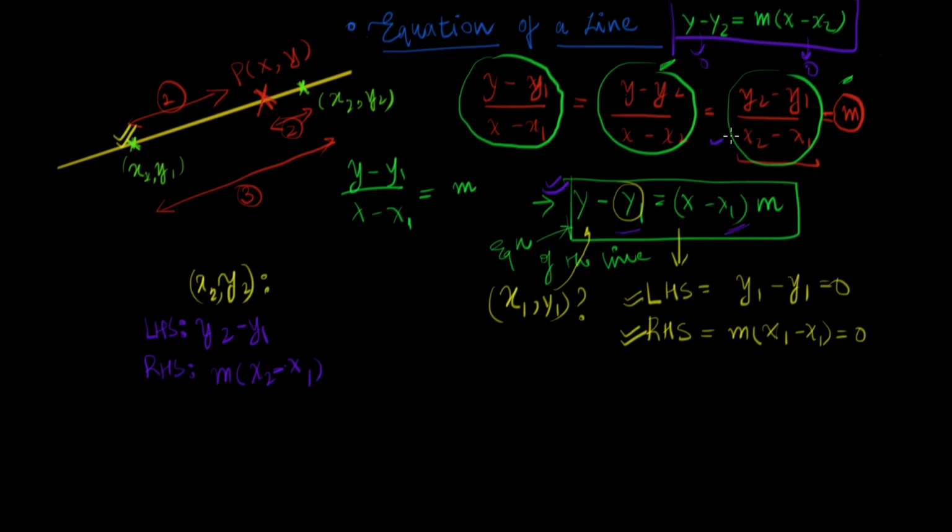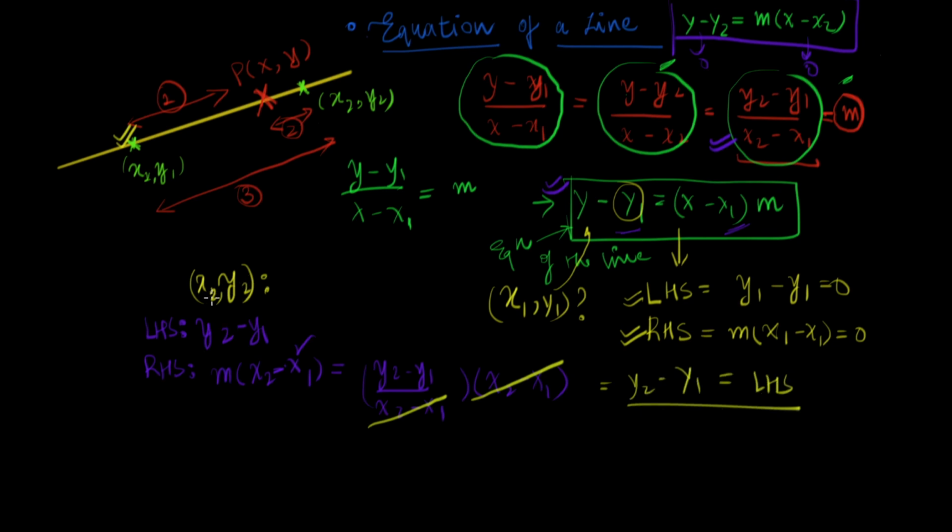But if you dig a bit deeper, we realize that m is nothing but y2 minus y1 upon x2 minus x1. We can substitute that value of m to get y2 minus y1 upon x2 minus x1 multiplied by what we had here, x2 minus x1. We can at this point cancel out the terms x2 minus x1 from the denominator and the numerator. What we end up getting is y2 minus y1, which is the LHS.